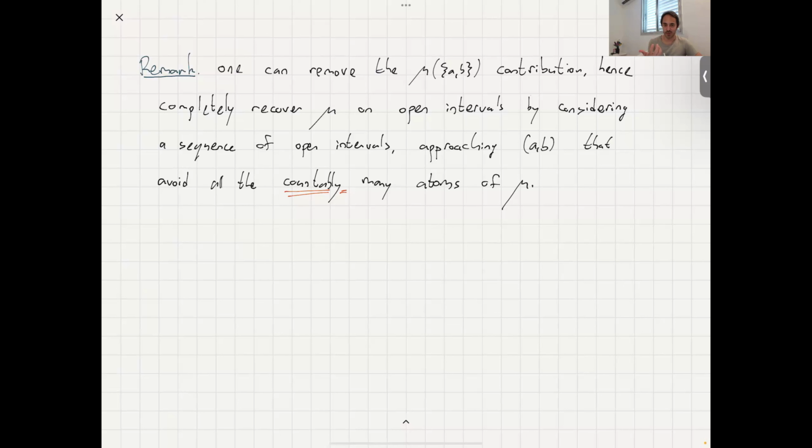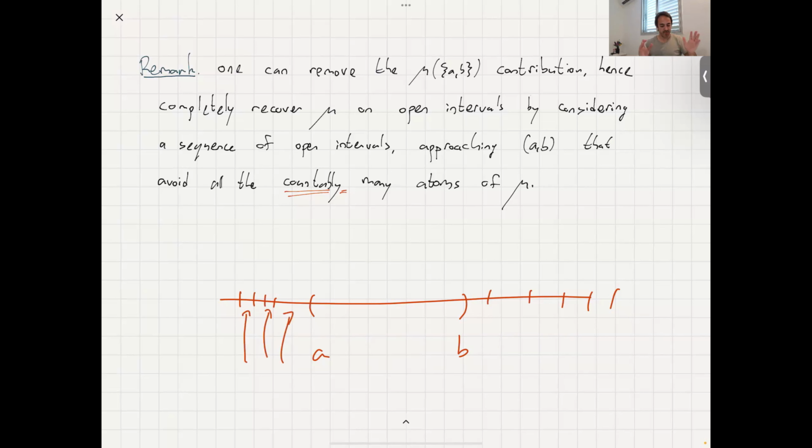And so if you want to figure out the measure of (a, b), there are countably many problems that you need to avoid, but you can always consider a sequence of intervals that, in a sense, converge to the interval (a, b), and none of them has an atom, because there are only countably many atoms. They are not dense, so you can avoid those.